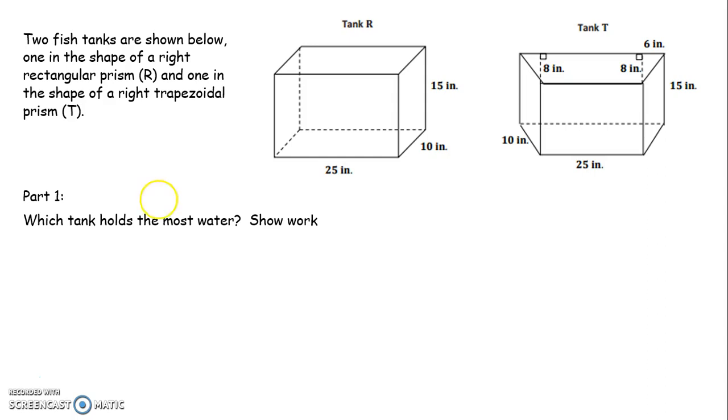So if we look at tank R, I'm going to find the volume of tank R. We're going to take the area of the base times the height of the prism. I could call this my base, so I can find the area of my base.